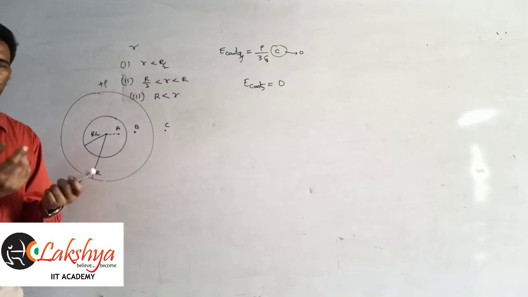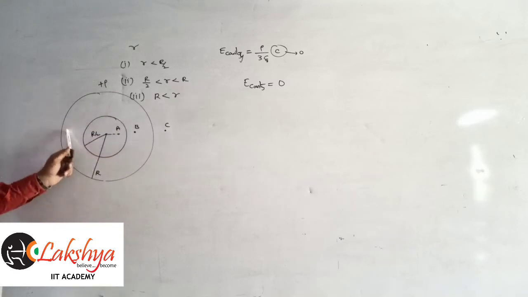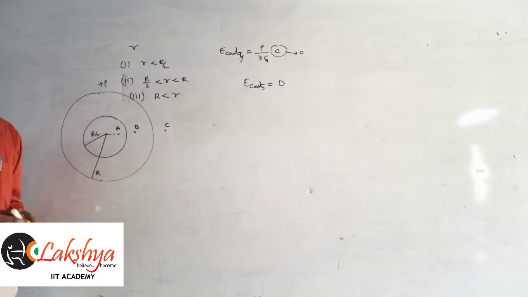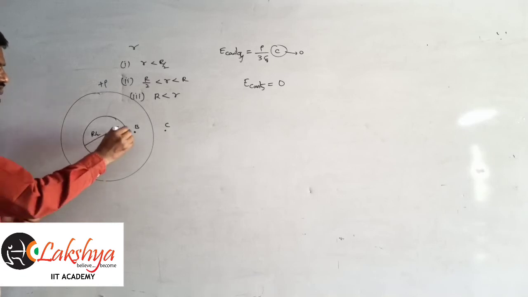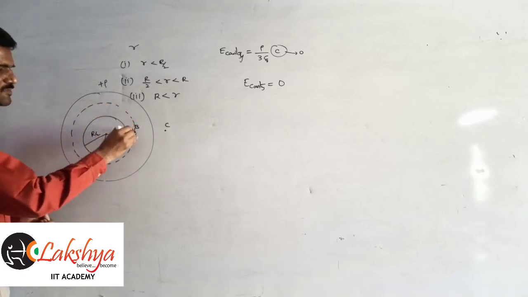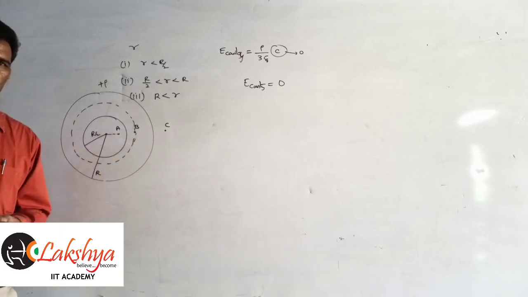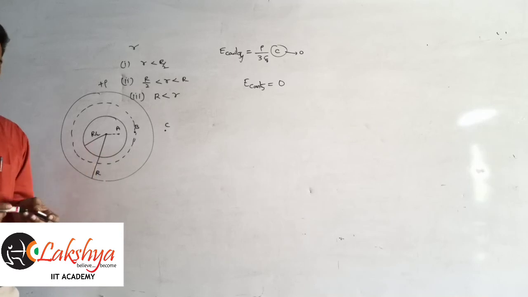That simply you can assume that this sphere is made up of thin spherical shells. That means you can consider thin spherical shells like this. Such a lot of thin spherical shells you can consider here. For each thin spherical shell, this point A is lying inside. And by using Gauss law, and previously also we know that inside the spherical shell intensity of electric field is 0.